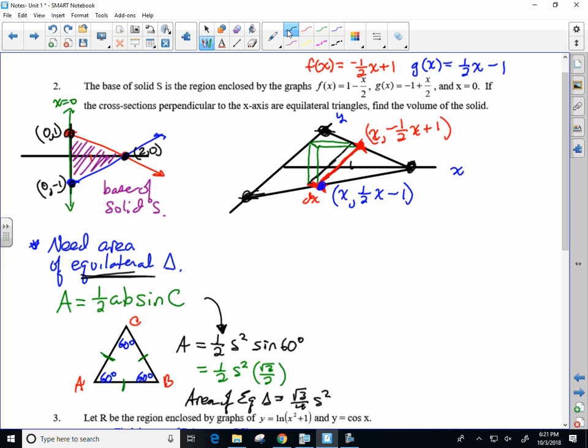All right, something to keep in mind. If you're ever looking for the distance between two functions, all you got to do is subtract the functions, dominant minus non-dominant. So this distance here, the one that we're after, from here to here, is going to be equal to f of x minus g of x.